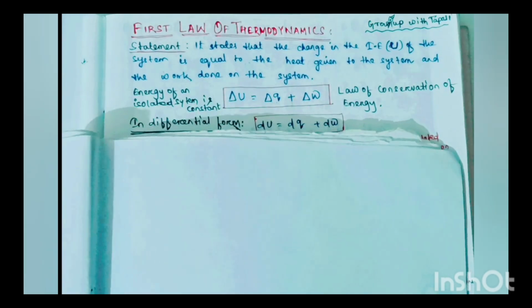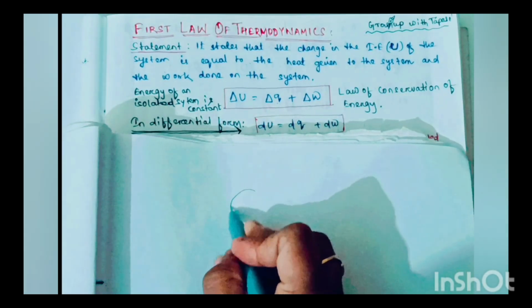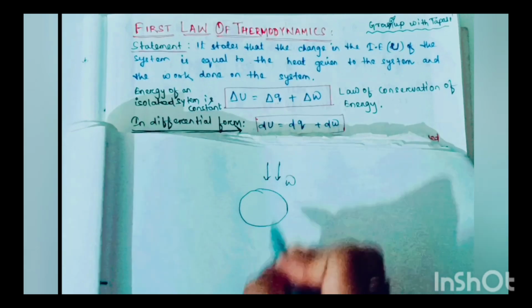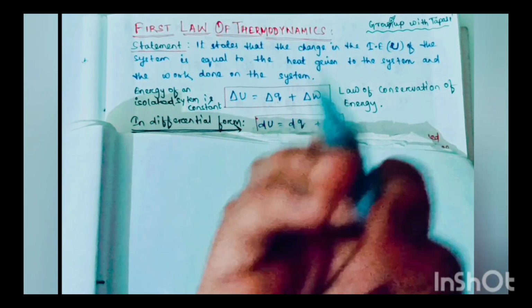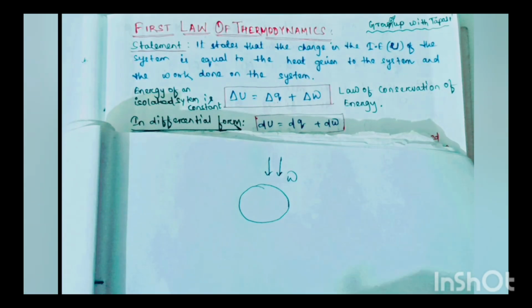So before going to the topic, let's have some basic ideas. What is system, what is surrounding, that you should know properly. System is that upon which work is done. Okay, it either receives energy from the surrounding or it releases energy to the surrounding.